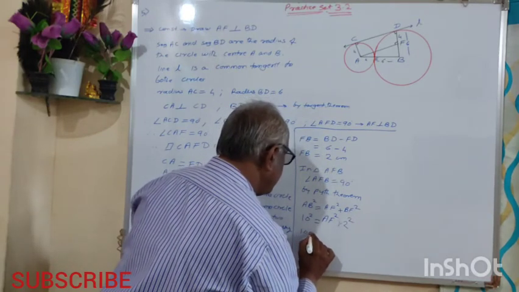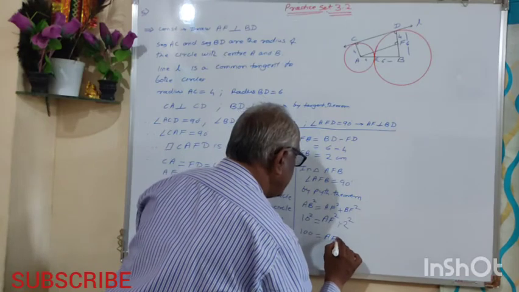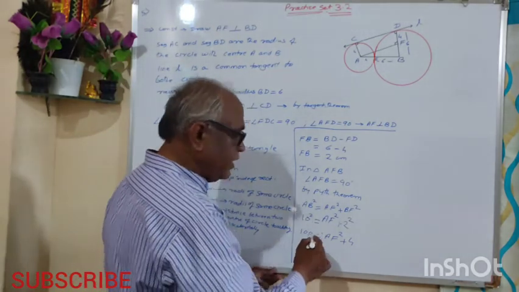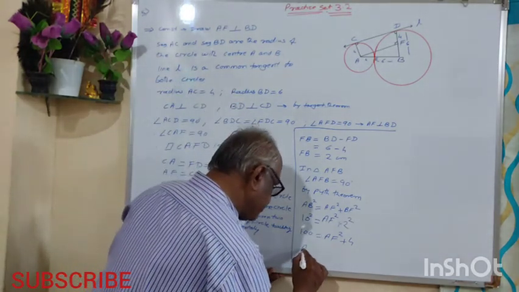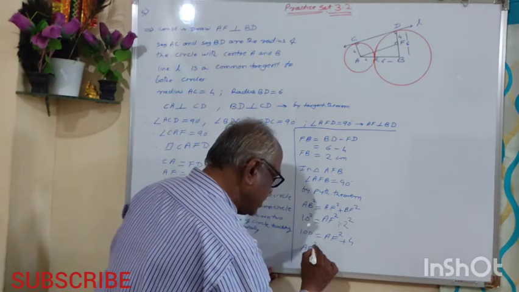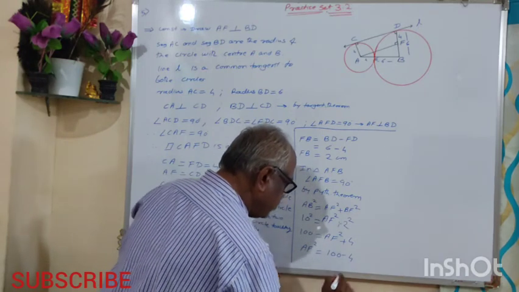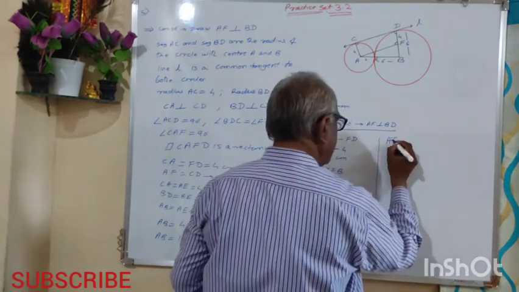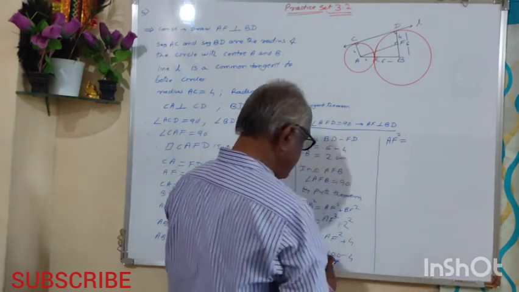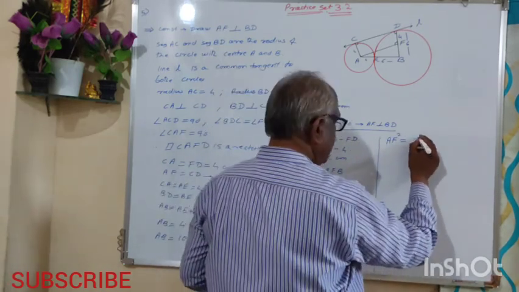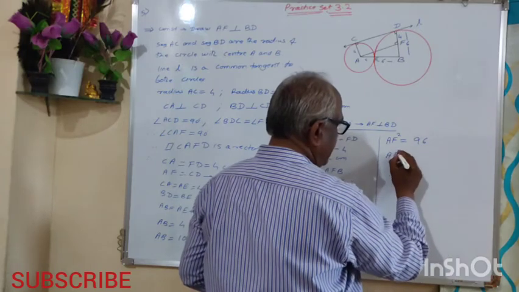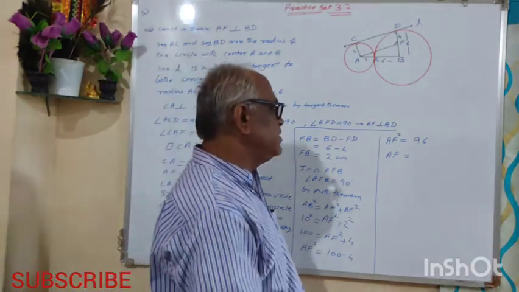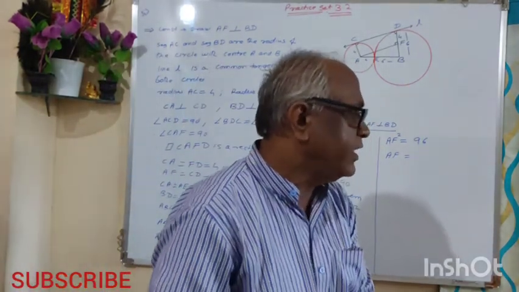So here 100 is equal to AF square plus 4. 2 square means 4. AF square is equal to 100 minus 4, it is 96. Therefore, AF is equal to, taking square root on both the sides, under root 96.